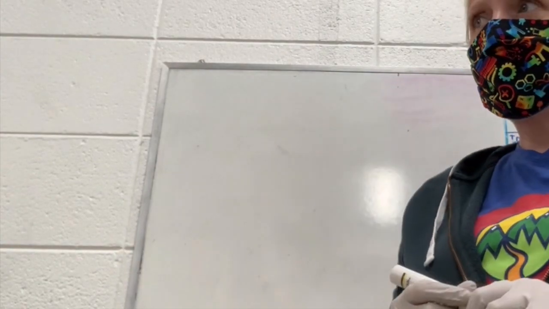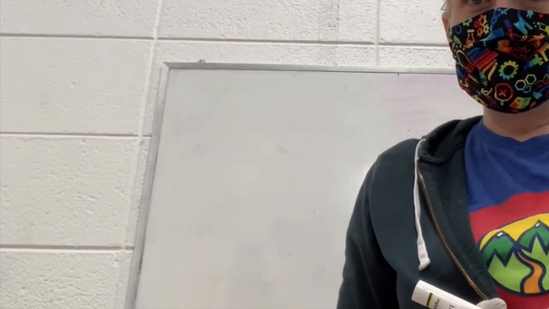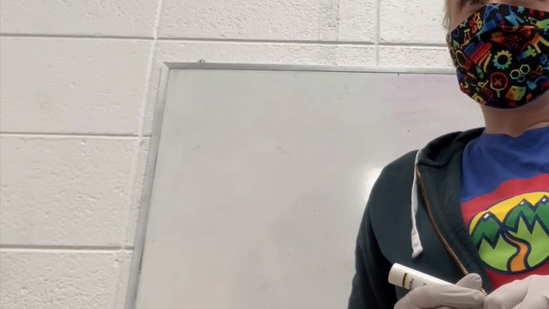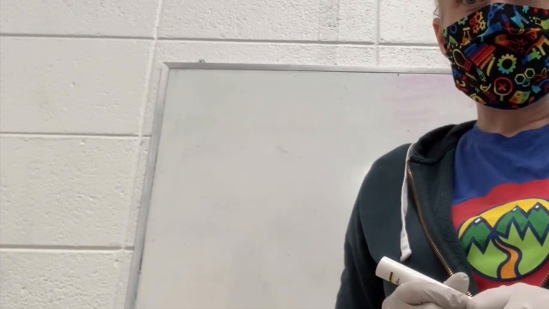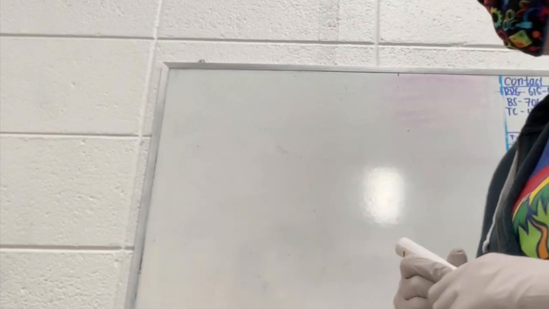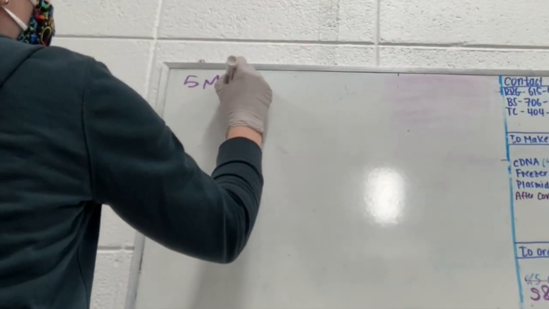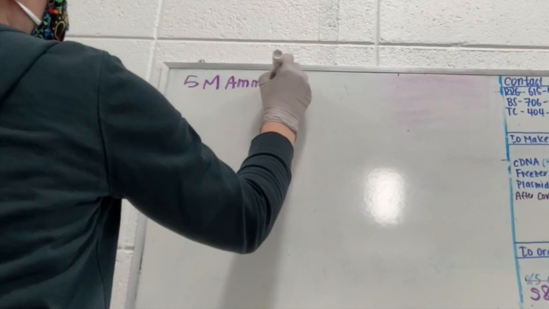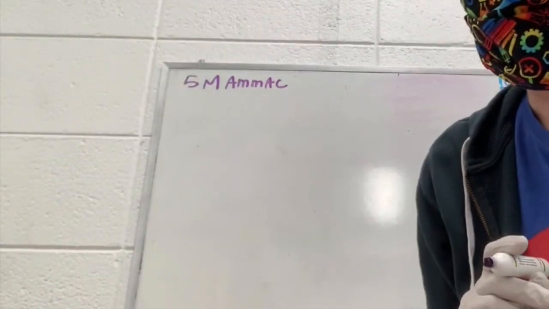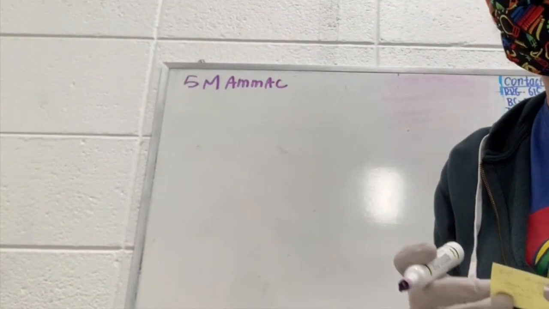solutions. If you're asked to make a solution in the lab, the three ways that you'll be told to make a solution are: one, you might be asked to make a certain molarity solution. So I'm going to go over 5 molar ammonium acetate. You might be asked to make a percentage solution.